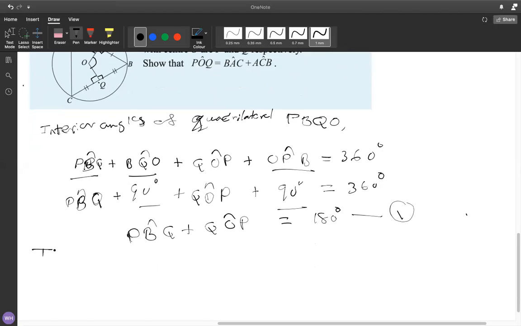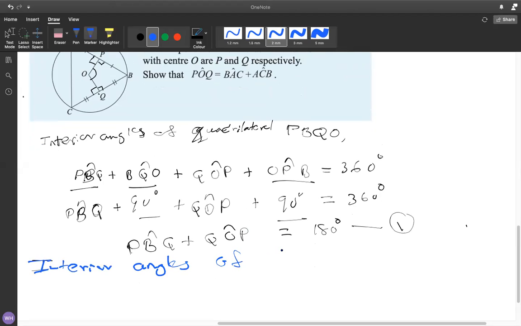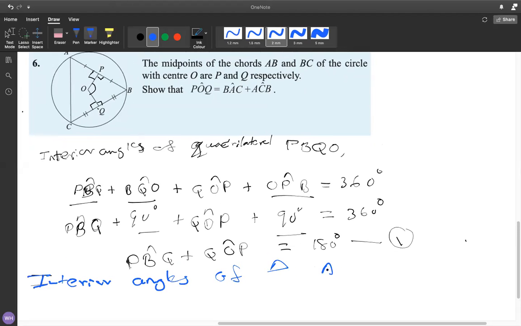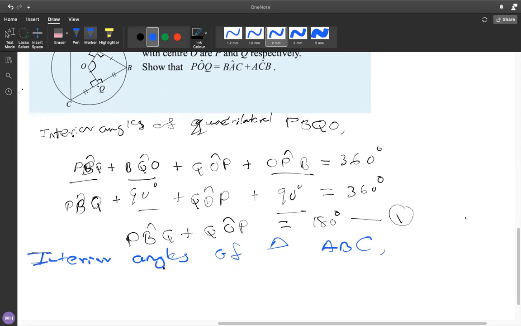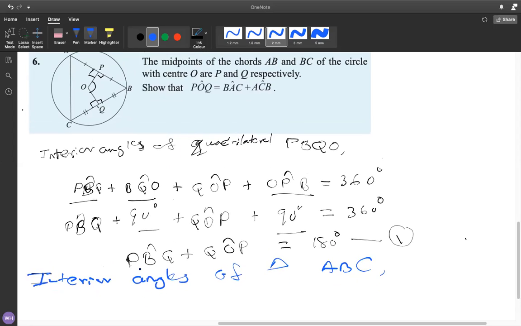Okay, now we will consider the interior angles of the triangle ABC. All right, Chamath? So now you are going to consider the sum of interior angles of this triangle.